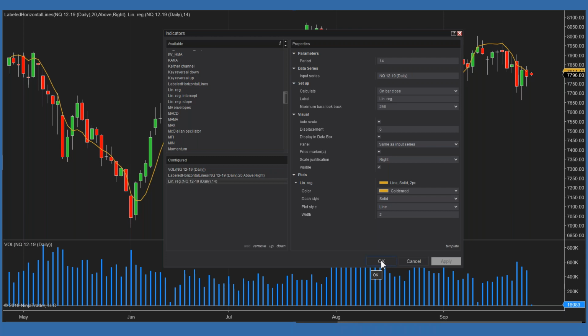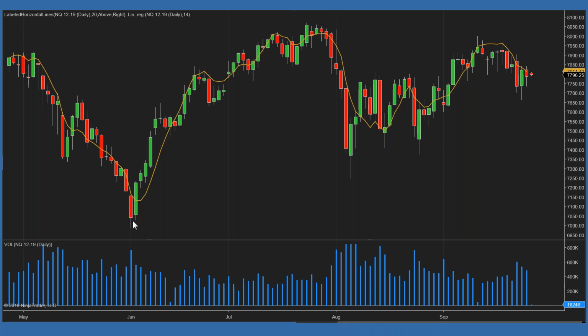Essentially a linear regression takes the data and tries to plot where the data should be. Because it's statistical, it has a slight interpretive value to it. You can see it's almost like a moving average line in a way, except it's a very, very fast moving average line.